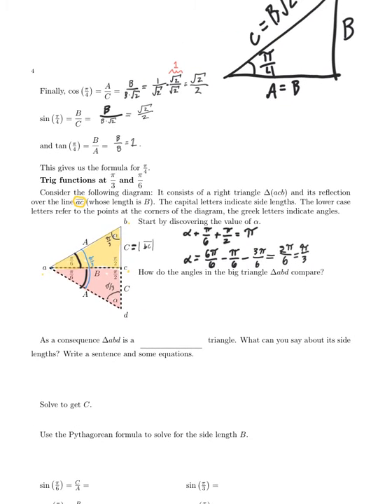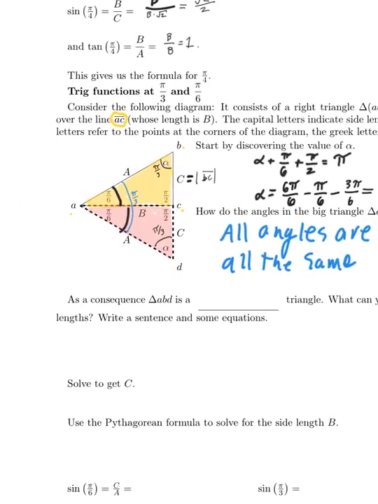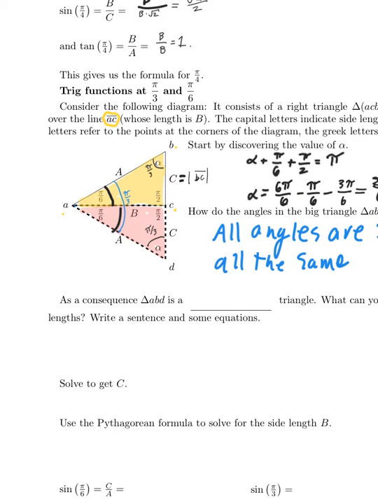They're all pi over 3. In particular, they're all the same. So this is a triangle where all of the angles are equal. That must mean all of the sides are equal. That is, this triangle ABD is an equilateral.